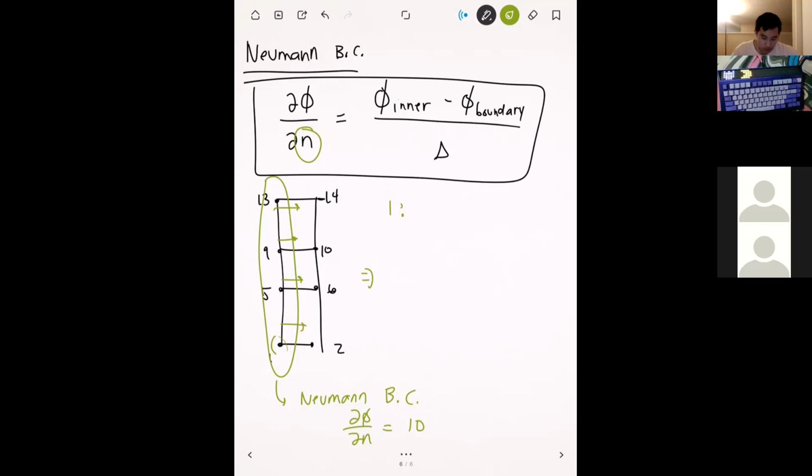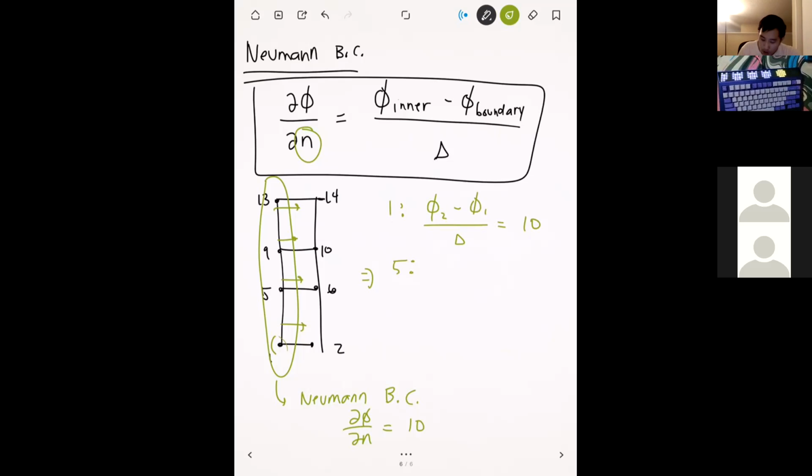Let's apply this equation up here. The inner node that's next to node number 1 is going to be node number 2, because it's one node inner from the boundary. That's our equation for node number 1. Now let's write out the equation for node number 5.